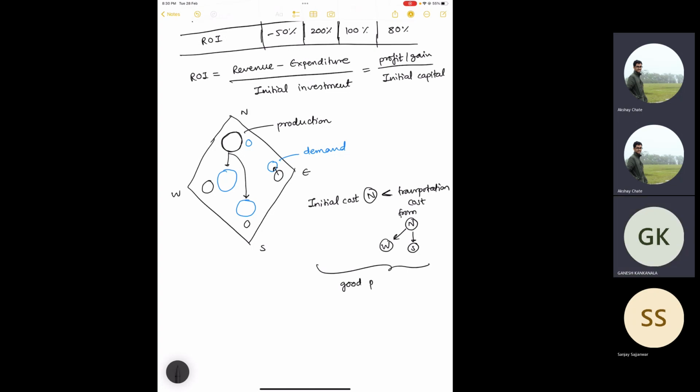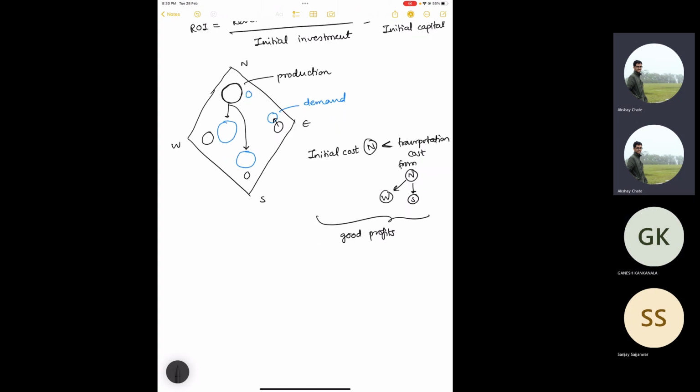Yes, sir. But what happened? Let's say 5 years. After 5 years, what happened? The initial cost, that is okay. That is there, right? But this transportation cost is a function of time, right? Yes, sir. So what happened after 5 years? The transportation cost became more.